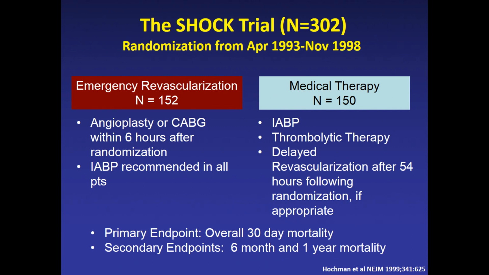The SHOCK trial randomized 302 patients in the late 90s to a strategy of early urgent revascularization or immediate medical stabilization with selective use of revascularization. The primary endpoint was overall 30-day mortality, but there was a secondary endpoint of 6-month and 1-year mortality.